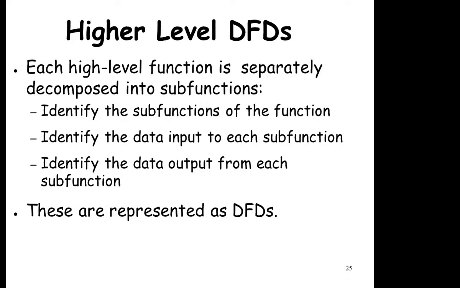Again, if your main functions further have sub functions, then we have to decompose them into sub functions, and these are represented in the next higher level DFDs, where we identify all the sub functions of your main function. Then we name those sub functions. Then we identify what inputs are required by each sub function, and what output will be generated by each sub function.